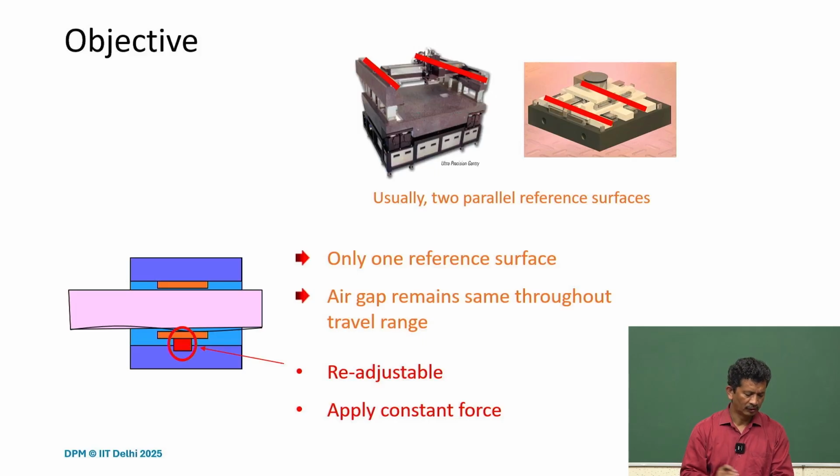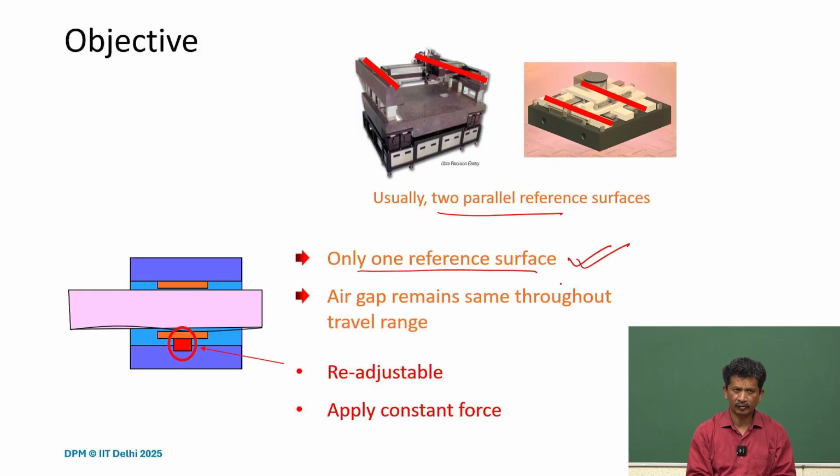So the idea was, instead of using these two reference surfaces, is it possible to use only one reference surface? One surface as a reference, and the other we try to manipulate and adjust. So there are conflicting requirements.